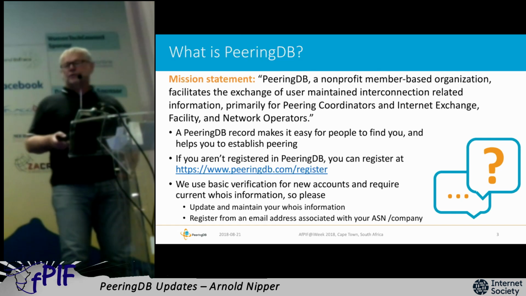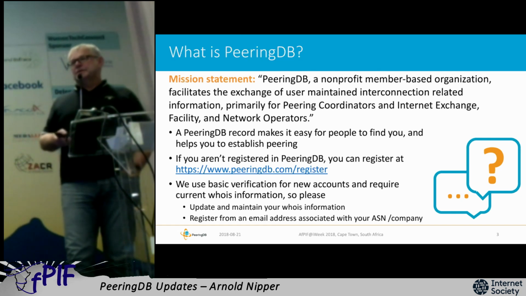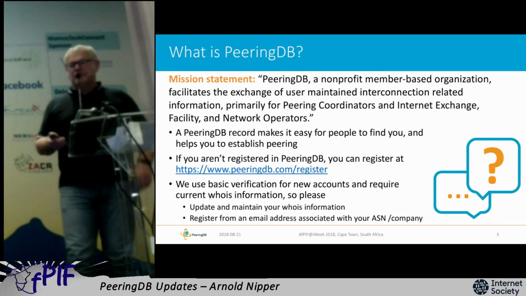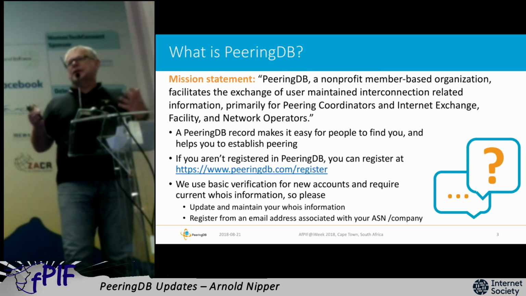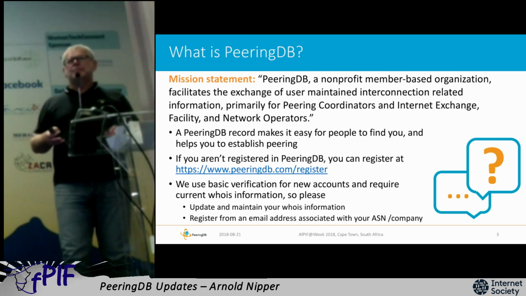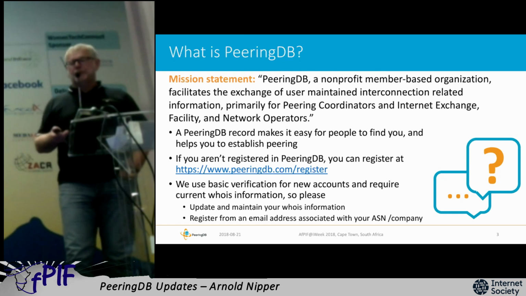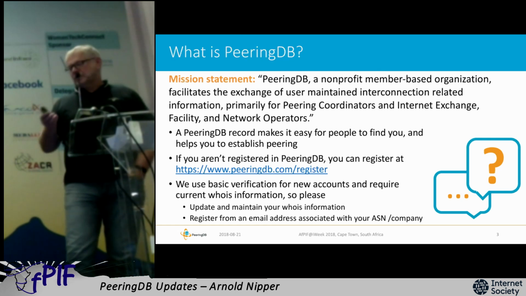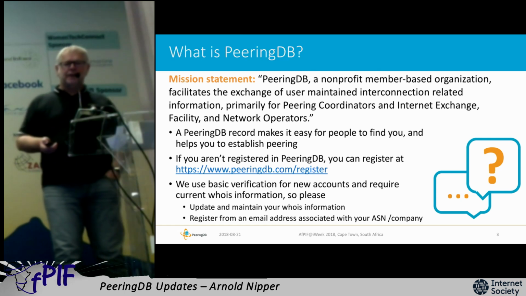And then, of course, you also need information about the facilities. This is where you perhaps also do private peering. And this information is nicely fit together in PeeringDB and interconnected so that you are easily able to find the information. This works via a graphical user interface, but we also have a powerful API.